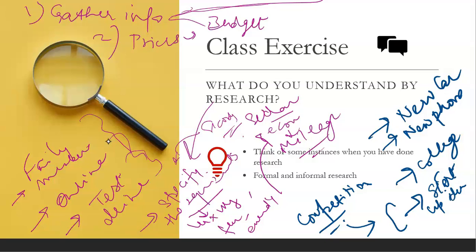These are the things that you do when you are going for more informal research. However, when you go for formal research, there are various steps. But anyway, this is a consumer decision making journey, and this plays a very important role when you are preparing your research methodology, or as a business, you are doing any research.